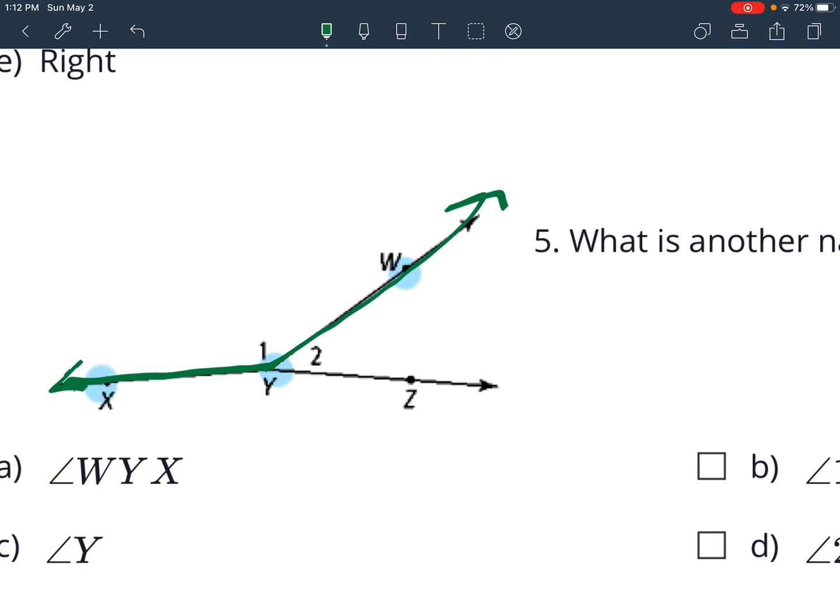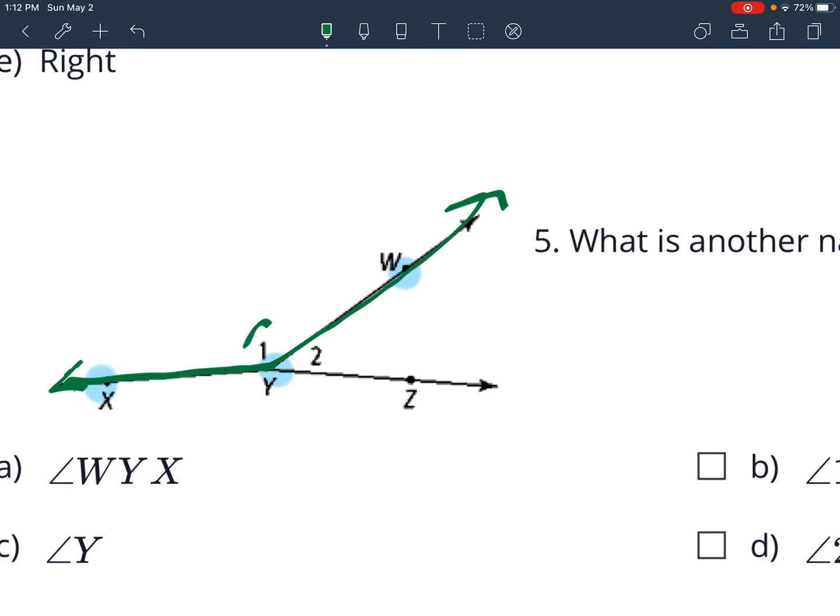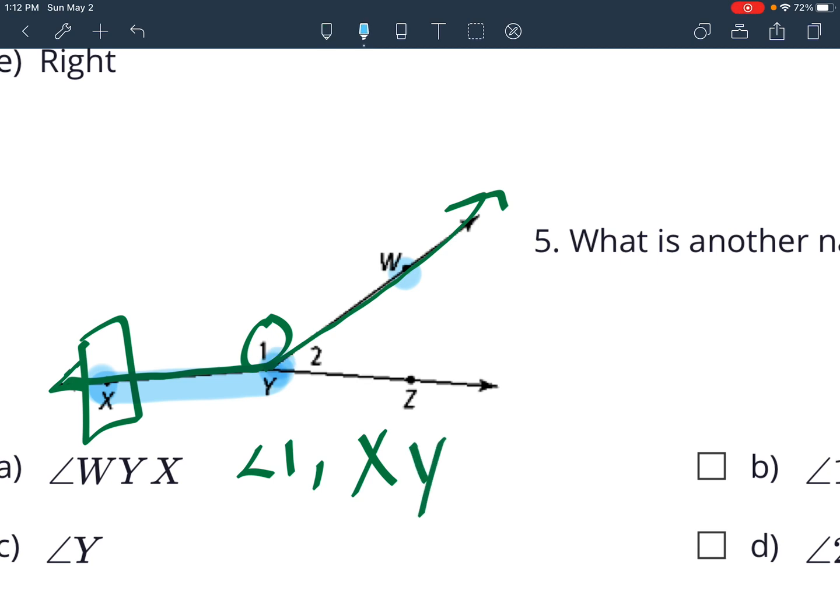If you notice, everything inside here is the angle. So number 1 is inside this, so that's the way you can name this angle 1. You can also name it using 3 letters as long as you start on the outside. So let's say you start at X, and then you follow the line. If you're at X, you go over here to Y. Follow the green line to W.